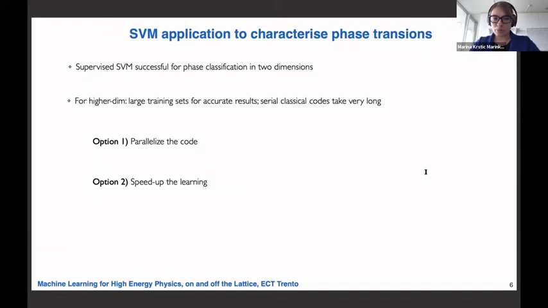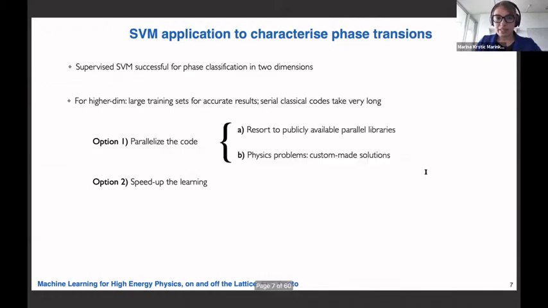And the first path that we followed in order to speed up the computations in high dimensions consists of using our classical computers, but instead of using the serial code, we wanted to speed up our application of the Support Vector Machine by parallelizing the code.